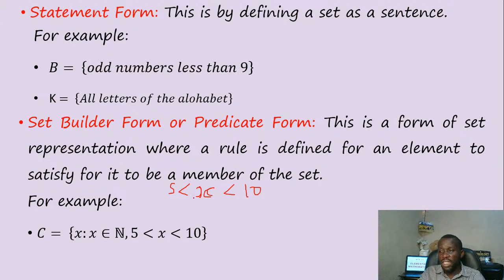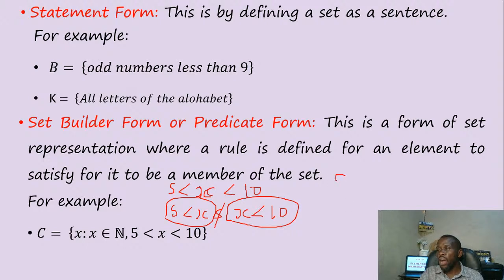So let's first divide this into 2. We have 5 less than x, and x less than 10, and let me use this symbol for and. Now, this one is already okay because the x is on the left side. But for this, it's not, because the x is on the right side.